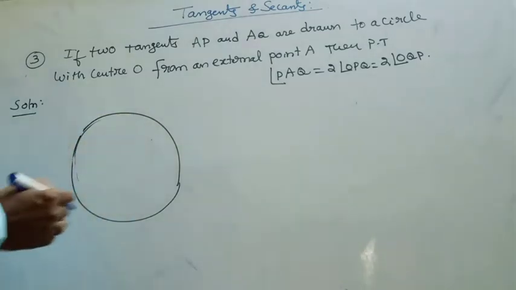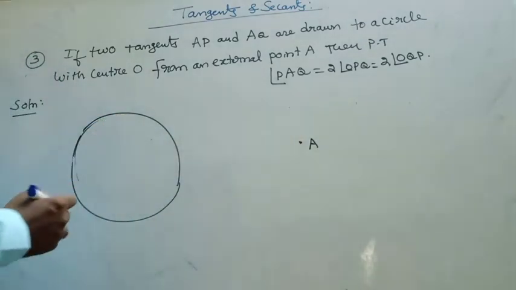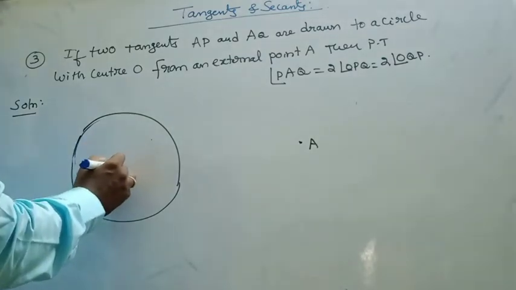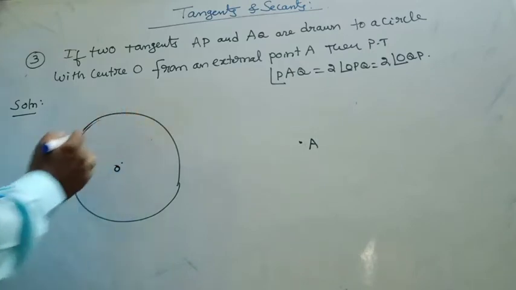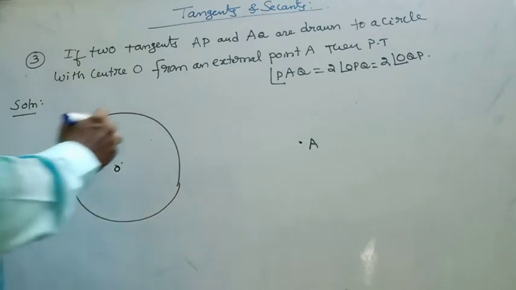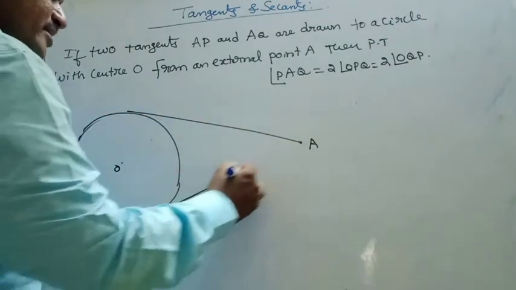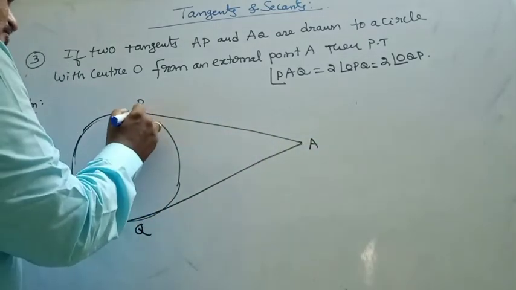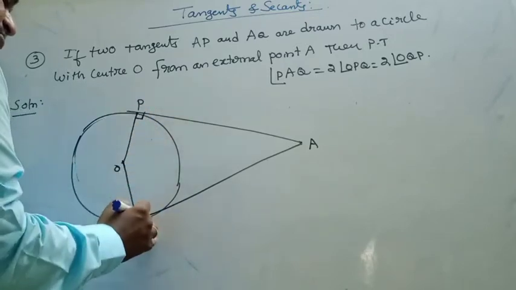For this circle, if you have an external point A, AP and AQ are the two tangents drawn to the circle with center O. Here this is P and this is Q, like this. Now join like this and like this. This is perpendicular, as we know.